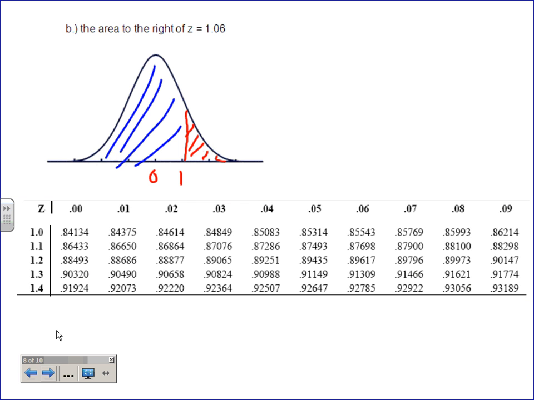So we've got 1.06. So that would be right there, right? 1.06. So it's 0.85543, agreed? But that's the blue. I want the red. Take 1 minus that.